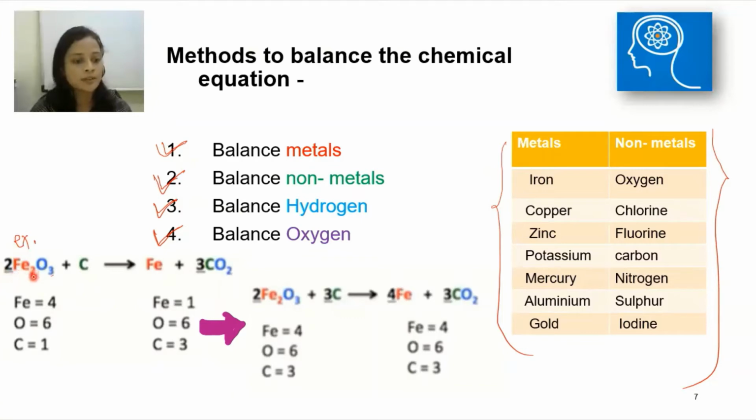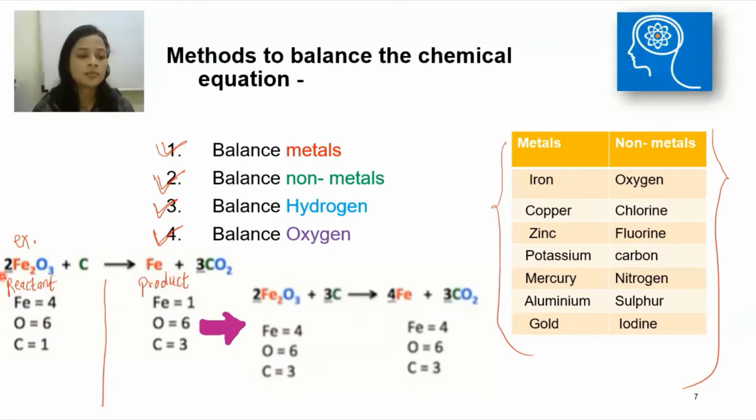Okay. So now we'll discuss this particular example. Here, twice Fe2O3 plus C, that is carbon, gives Fe, that is iron, plus thrice CO2, carbon dioxide. Okay. So this is the reactant side and this is the product side.